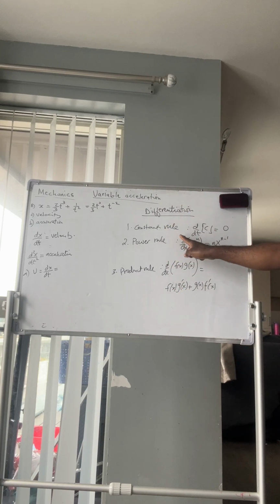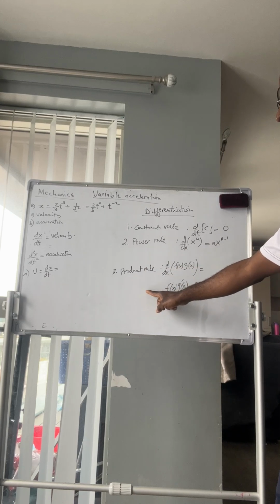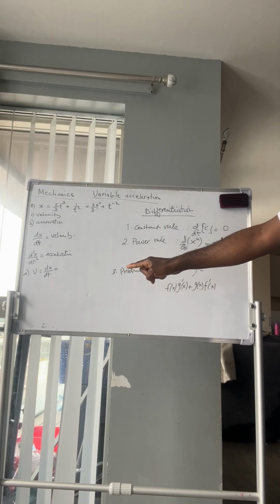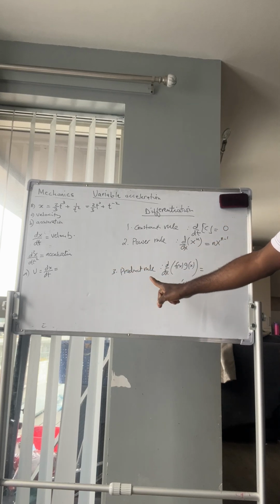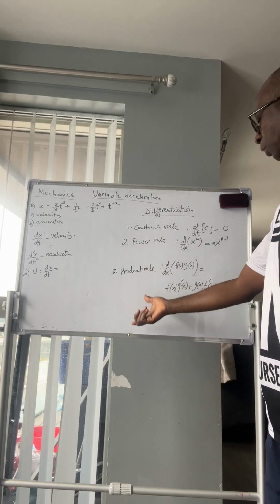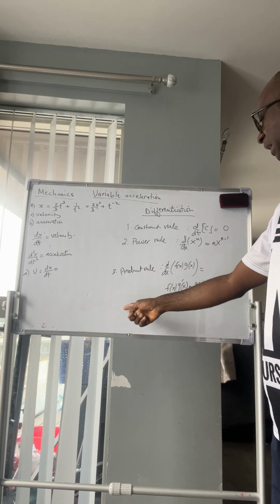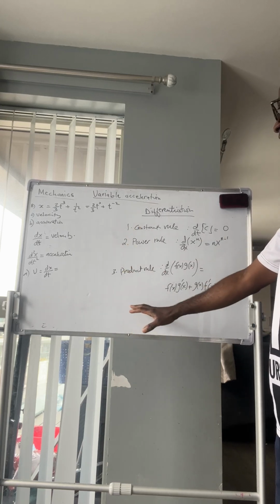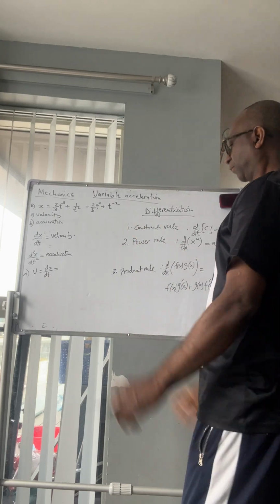You have the constant rule, the power rule, the product rule, the quotient rule, and you have a fifth one, which is called the chain rule. But I think we're not going to be using the quotient and the chain rule. We only need these first three: constant rule, power rule, product rule, for these problems, for this level.